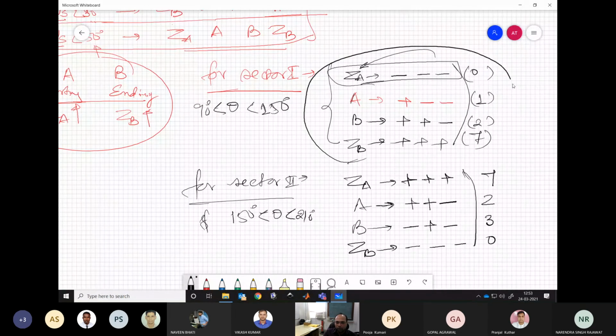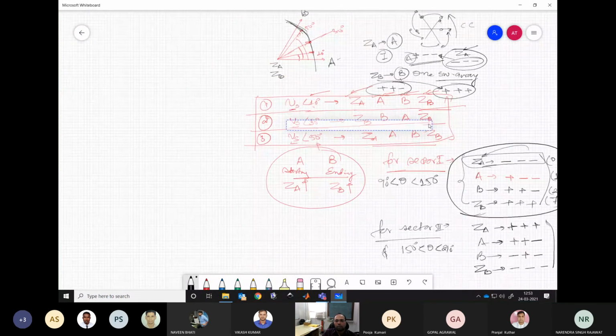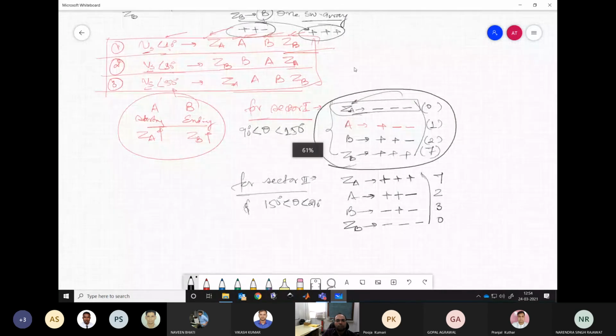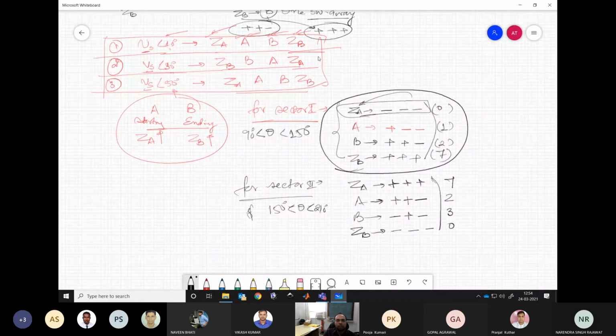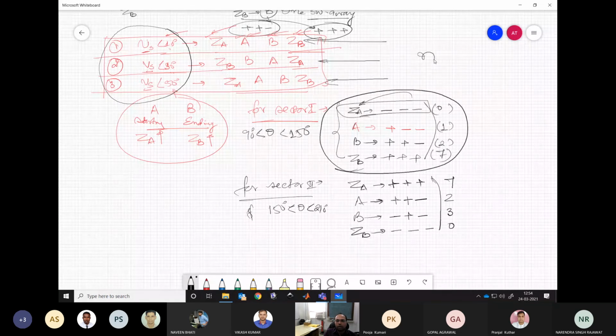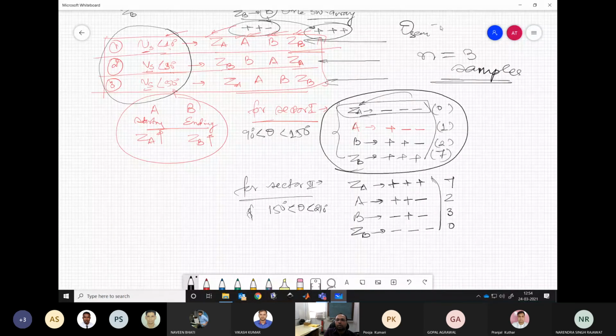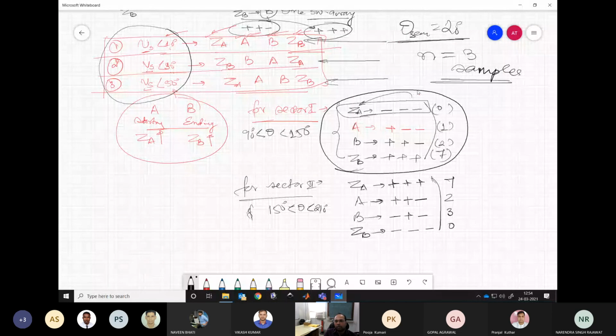Now whatever we do, we always follow this sequence of applying the vectors. We always apply ZA, A, B, ZB, ZB, B, A, ZA, ZA, A, B and ZB. For any sector, these are the sequences applied for the particular sampling, let's say 3 samples in the sector, which are symmetrically placed. Hence, theta sampling is equal to 20 degree for the sector.